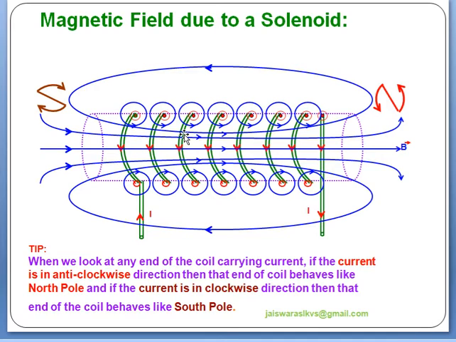When we look at any end of a coil carrying current, if the current is anti-clockwise, then that end of the coil behaves like a north pole, and if the direction of current is clockwise, then that end of the solenoid behaves like a south pole.